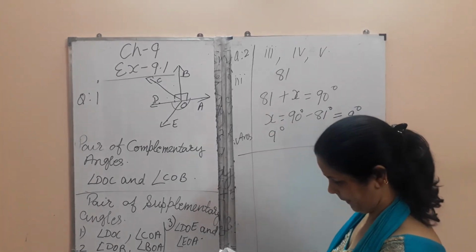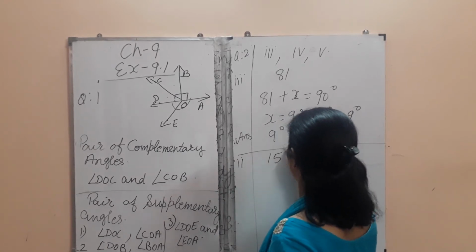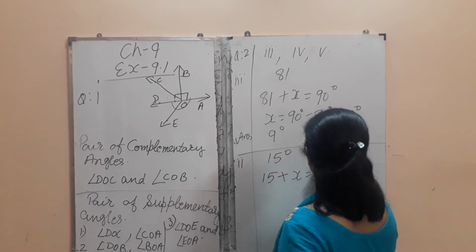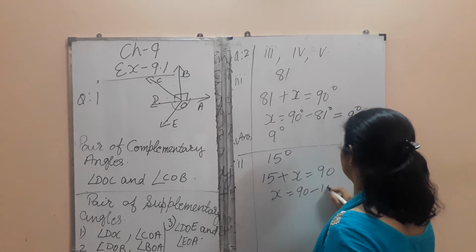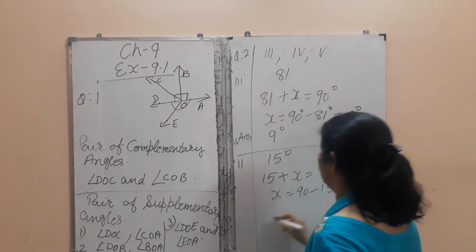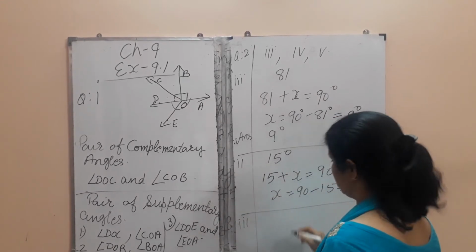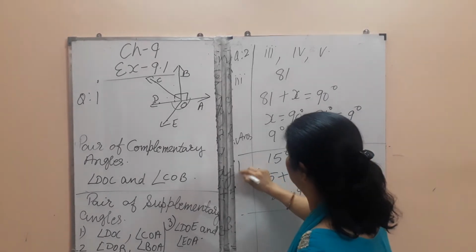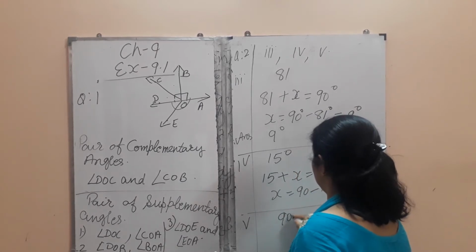Second is 15 degrees. So 15 plus x equals 90, x equals 90 minus 15 equals 75 degrees. So this is the answer. Now the fifth part is 90 degrees.